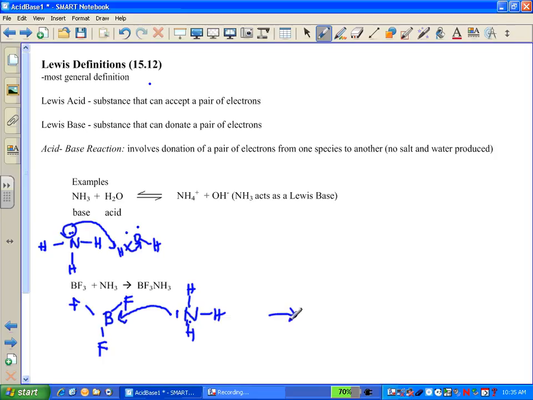So the ammonia is acting as the base, as the donor, and the boron trifluoride is accepting, so it's acting as the acid. And this is the molecule that we have left.